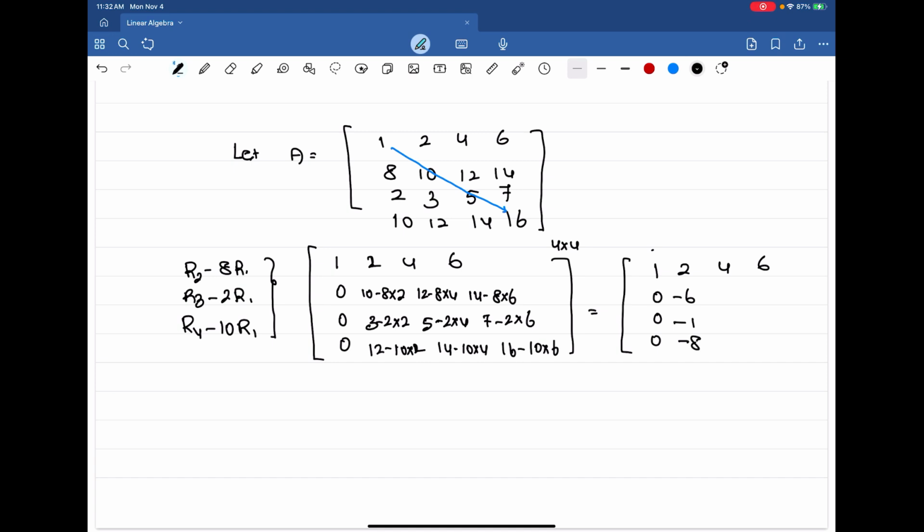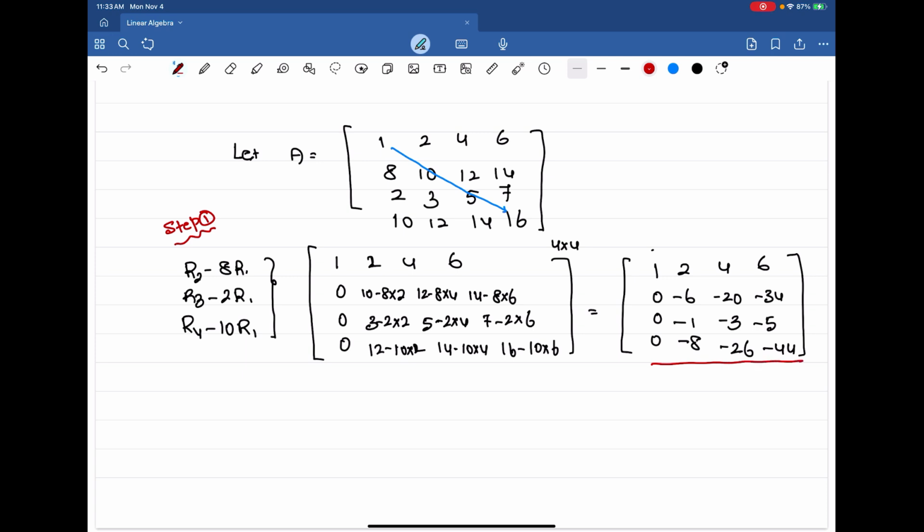Then 12 minus 32 is minus 20. 5 minus 8 minus 3. 14 minus 40 minus 26. Then 14 minus 48 minus 34. 7 minus 12 minus 5. 16 minus 60 minus 44. This is step 1. After step 1, the result is this one.